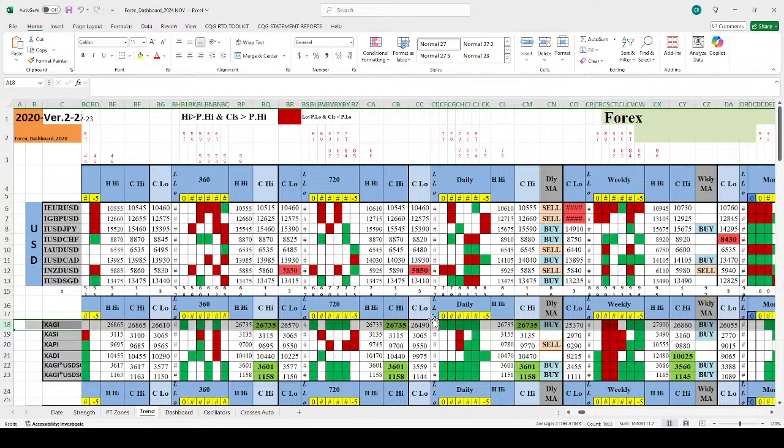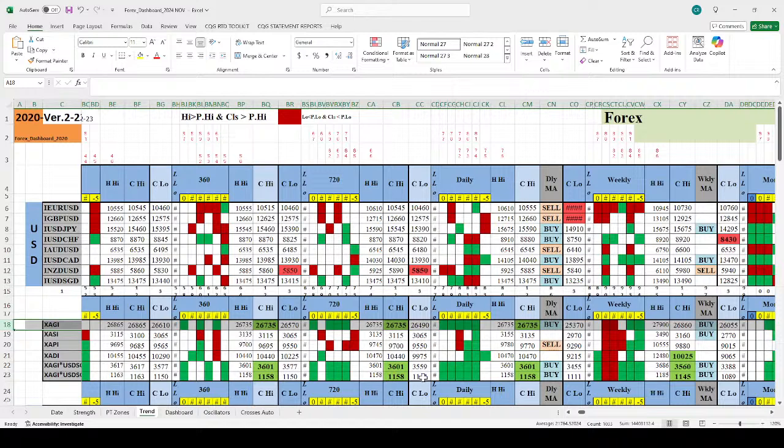So now if we short, we should be exiting before this high, which is about 2675, and that's where our target is. We are looking for 2675.